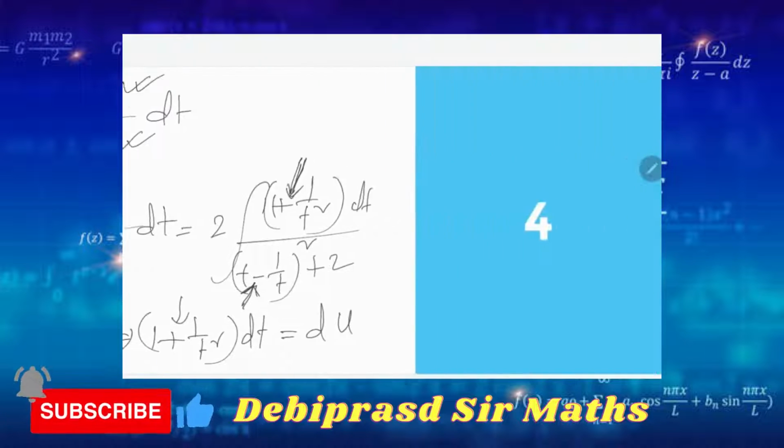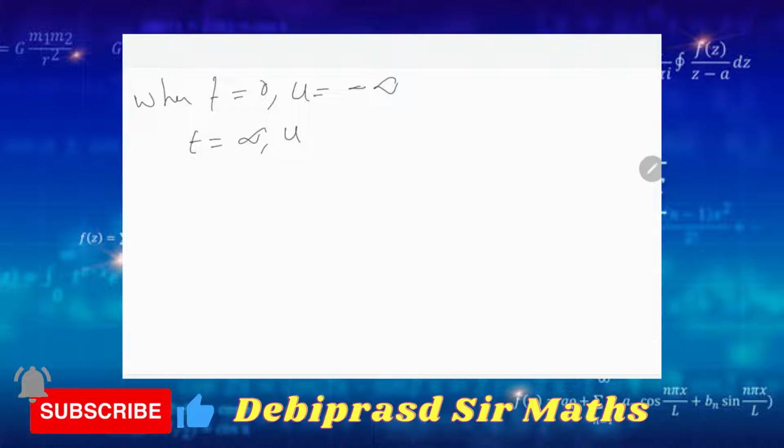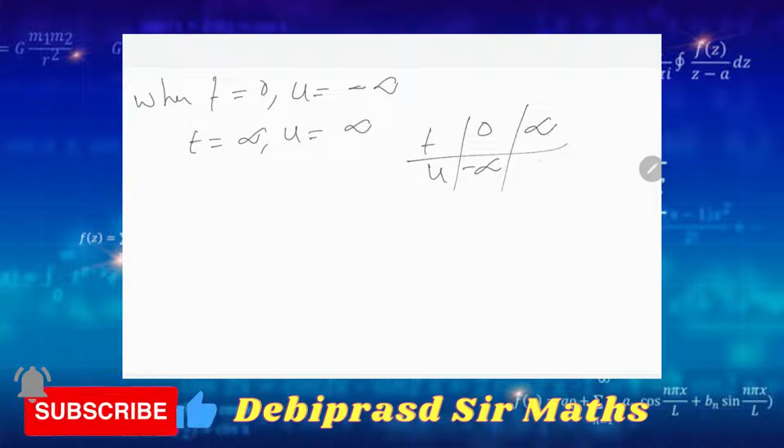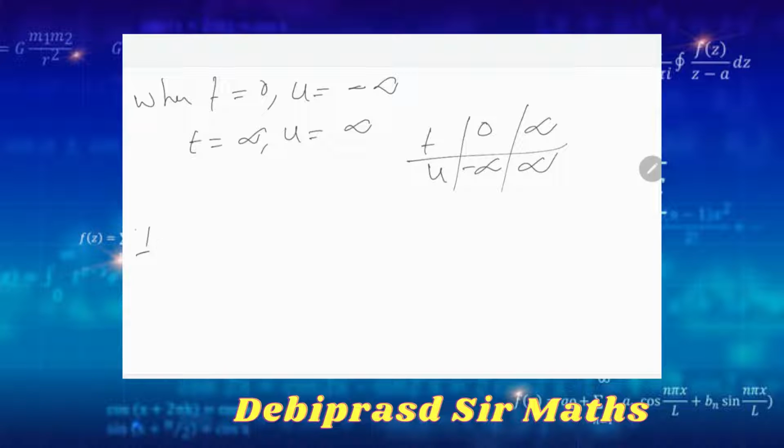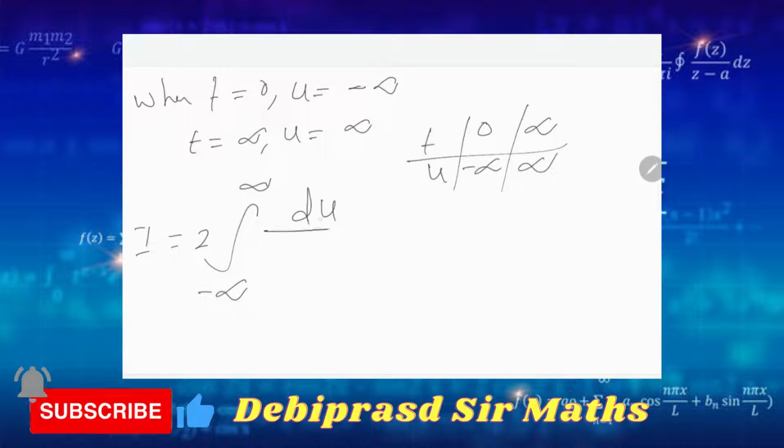After converting this, you have to change the limits. When t is equal to 0, u will be equal to minus infinity. When t is equal to infinity, u will be equal to infinity. In tabular form, t and u: 0, minus infinity, infinity, infinity. So I will be converted to the integral from minus infinity to plus infinity of du by u square plus (root 2) whole square.